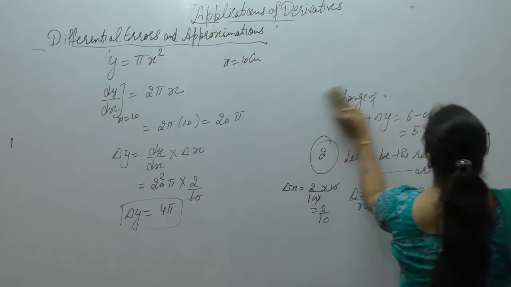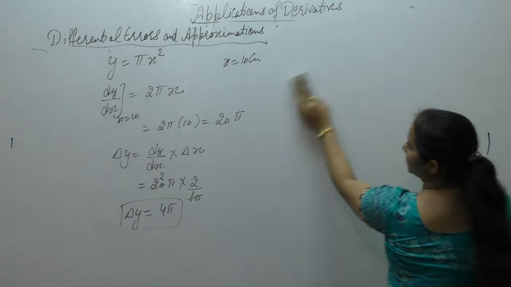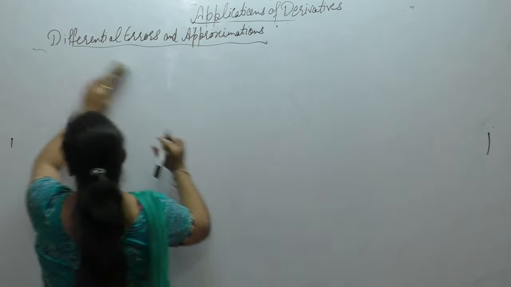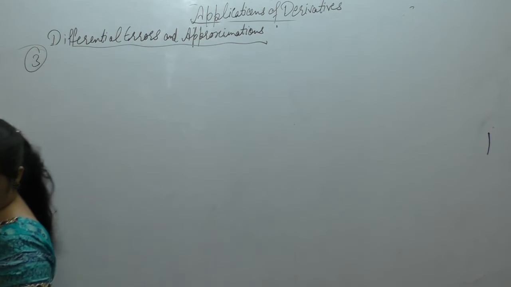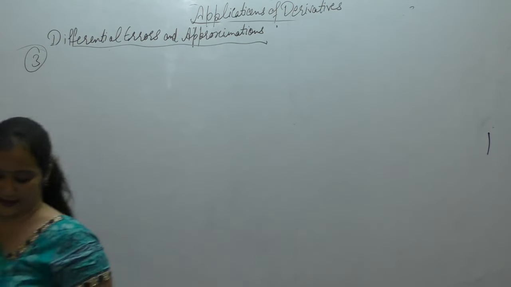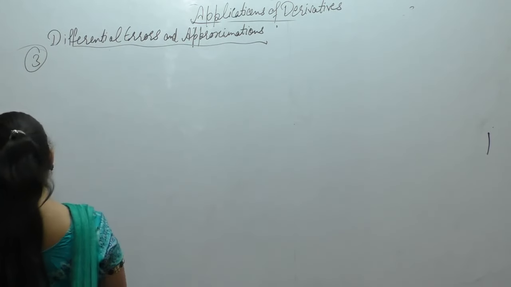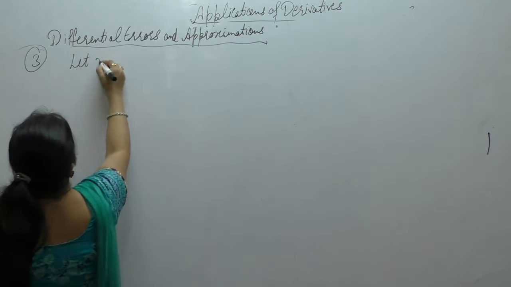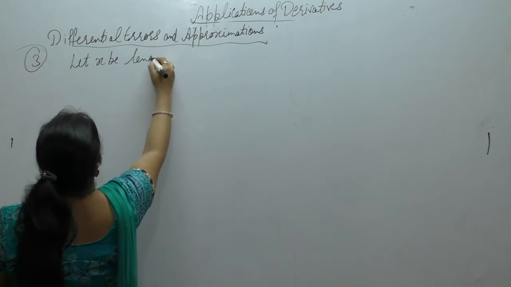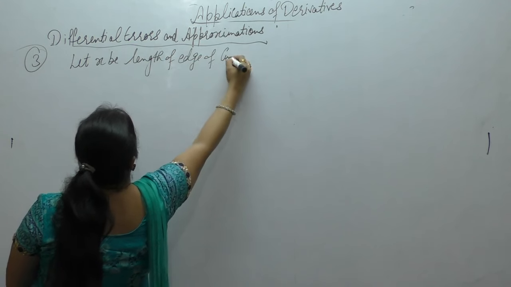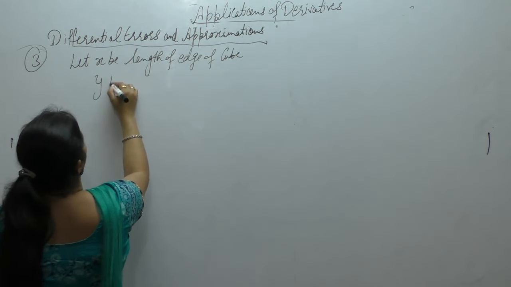Now the next one. Question number 3. Find the percentage error in calculating the volume of a cubical box. First, let x be the length of the edge of the cube and y be the volume of the cube.